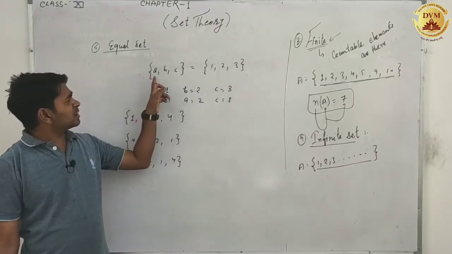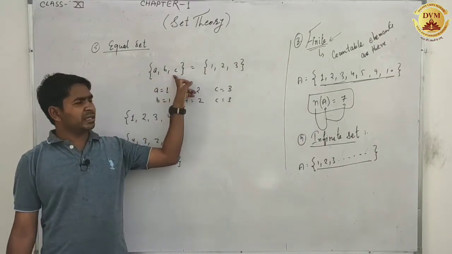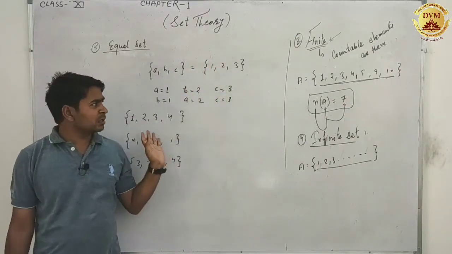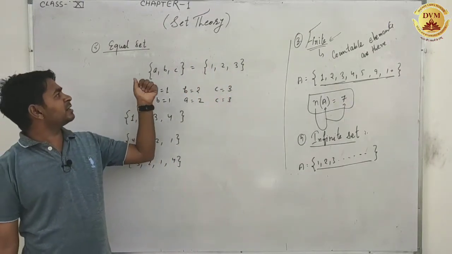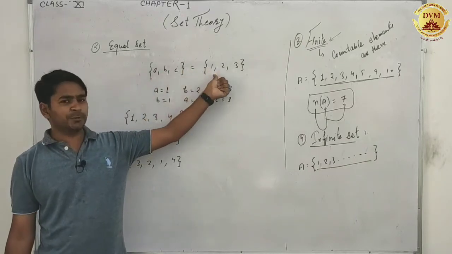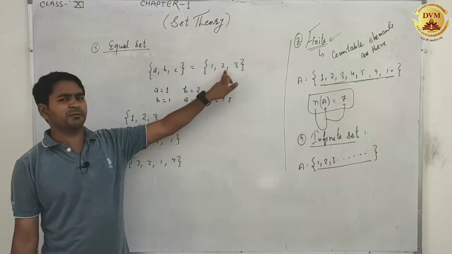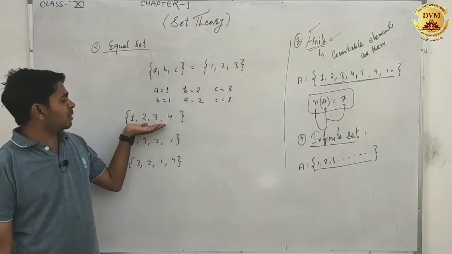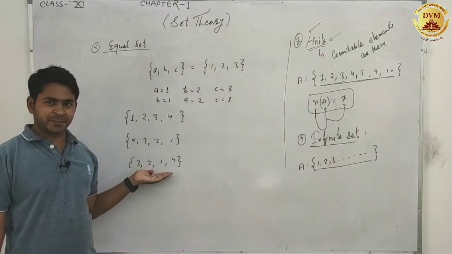So the values of A, B and C should be 1, 2 and 3. I am not saying that the value of A is definitely 1. The value of A can be 2, the value of A can be 3, because I am already saying that the order of the elements doesn't matter.